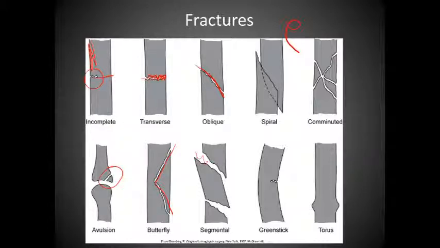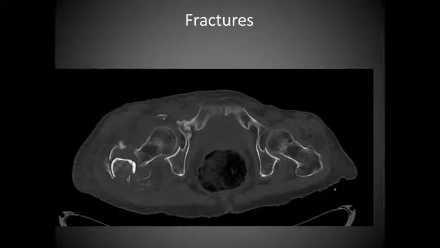Butterfly fracture creates something like a triangle. Segmental divides it into segments. Greenstick basically causes bowing as well as possibly an incomplete fracture. Torus causes these bony outsides.